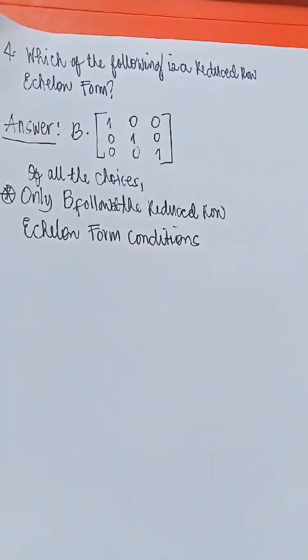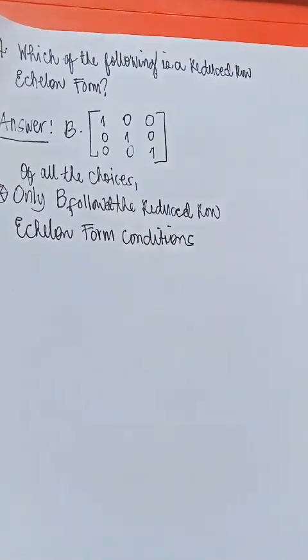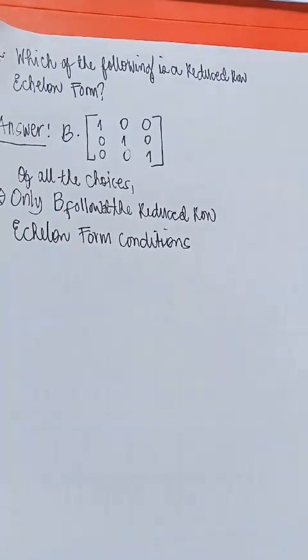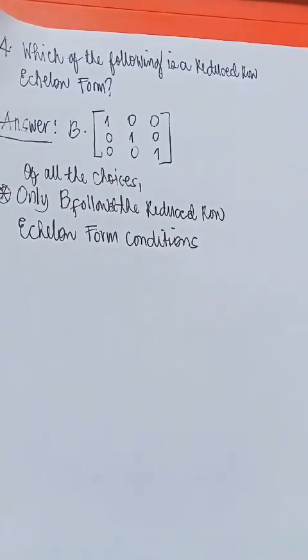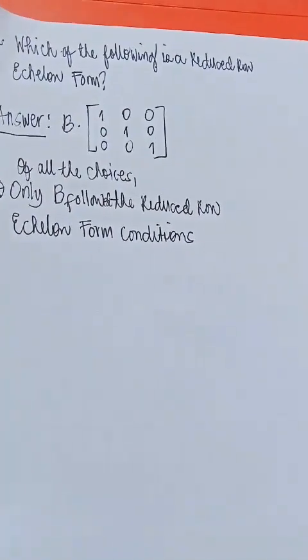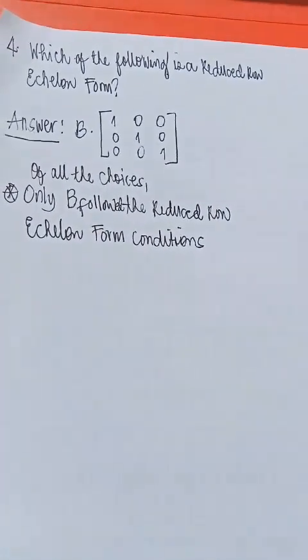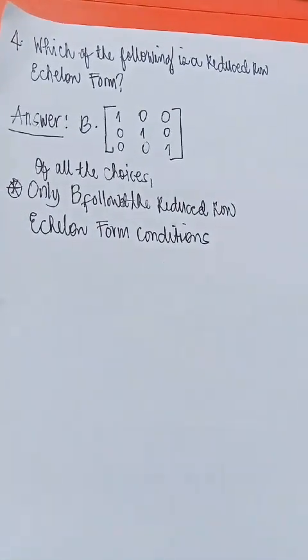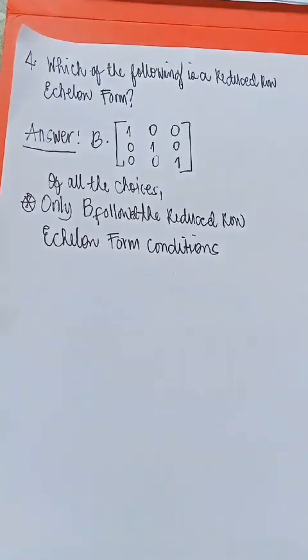Third, all entries in a column below a leading entry are zero. Fourth, the leading entry in each non-zero row is 1. And lastly, each leading one is the only non-zero entry in its column. That is why the answer is letter B.